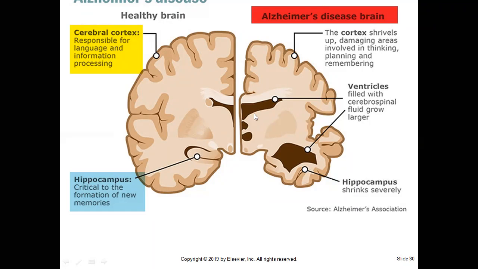The ventricle is also bigger than in the healthy brain. The ventricle is filled with cerebrospinal fluid, and here it is bigger. And the hippocampus, which is critical to the formation of new memories, is shrinking severely.